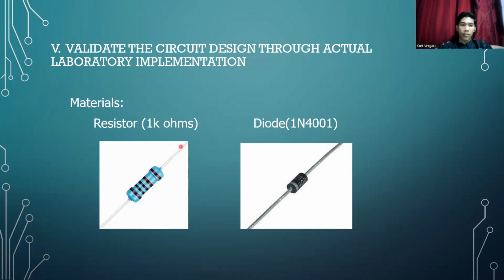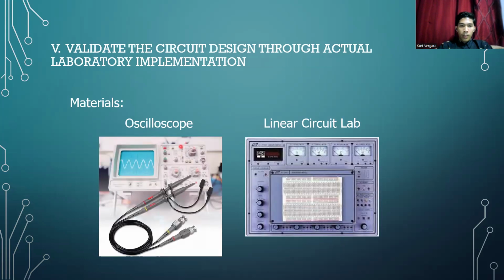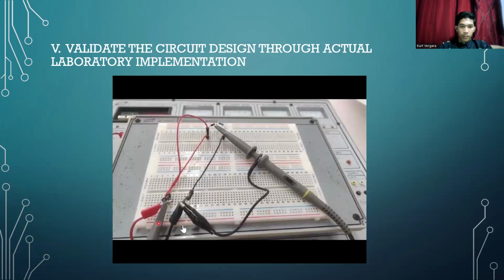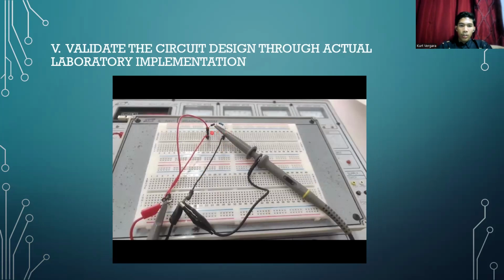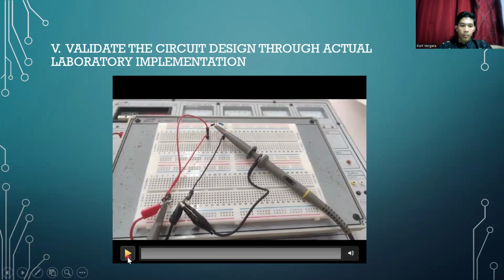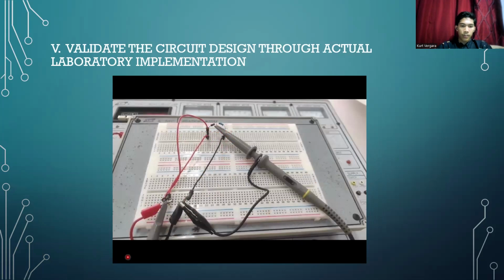The materials needed are a 1K ohm resistor, a diode, an oscilloscope, and a linear circuit lab for the breadboard and frequency. So this is the laboratory implementation. Just connect the diode and resistor in series, put on the input voltage and frequency, connect it to the oscilloscope, and this is it.